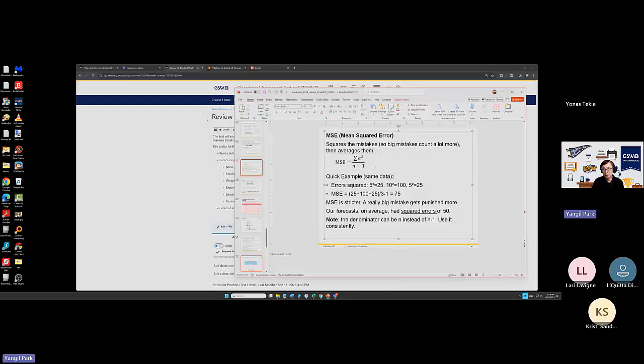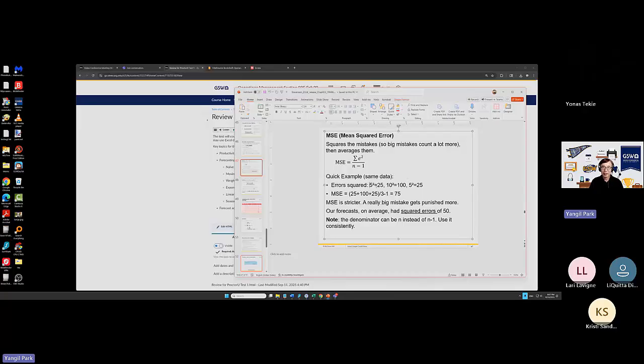But I think the textbook uses n-1 as the denominator, but it can be just n. Depending on the situation, I think statisticians prefer n versus n-1, but as long as you use it consistently, that's fine. You cannot mix n-1 and n for the same problem. You have to use consistently either n-1 or n for the denominator.